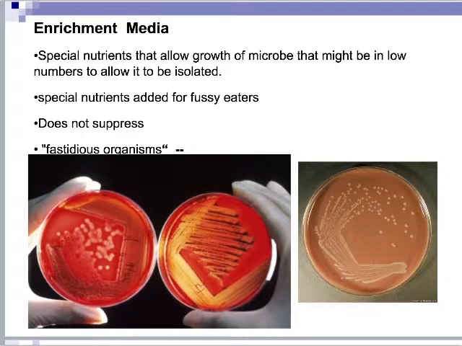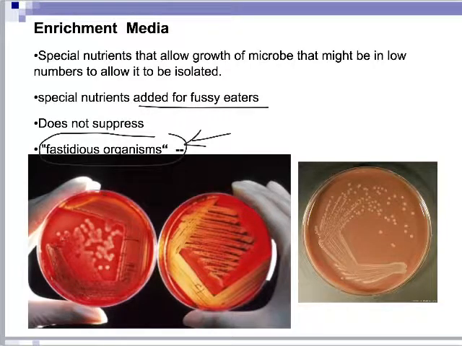I don't have it. Okay, now enrichment media. Some organisms are what we call fastidious, so they're really hard to grow. They grow well in the body because they're getting nutrients from the body, or they grow well in a plant because they're getting certain nutrients from the plant. But they're hard to grow in a culture. Enrichment media means we've added something special to the media so that the bacteria can grow. Special nutrients added for fussy eaters.